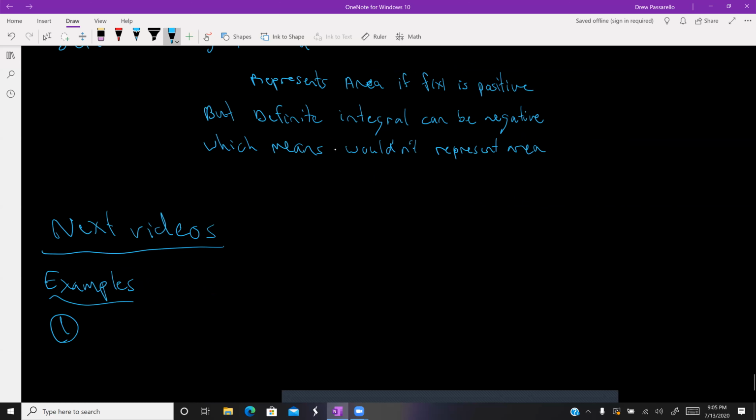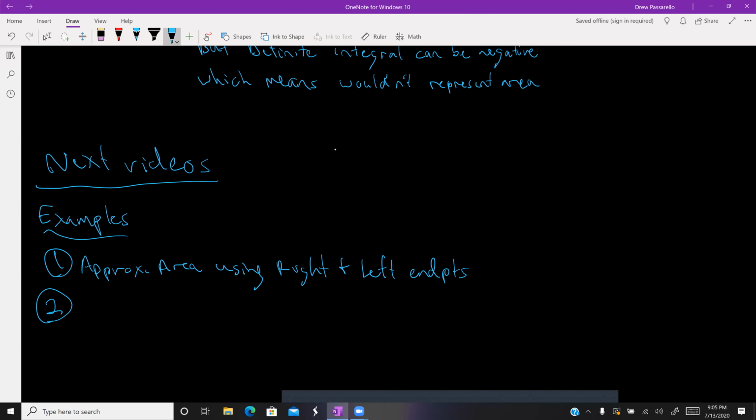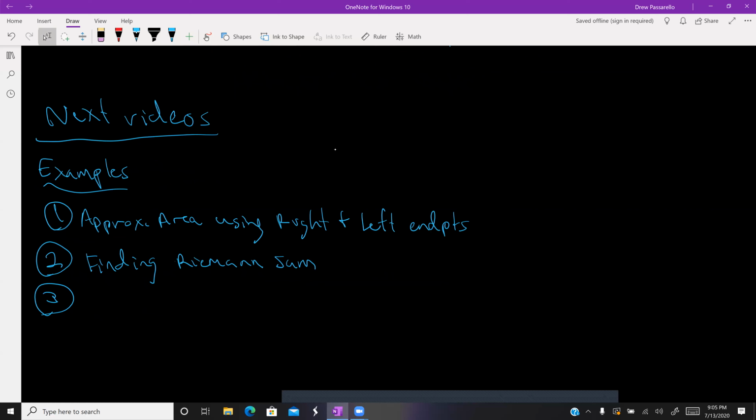We'll find approximate area using right endpoints and left endpoints, finding the Riemann sum, and then finding that limit, so finding the definite integral. All right, that's what's going to be in the following videos.